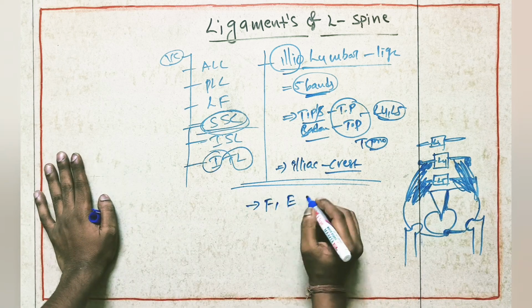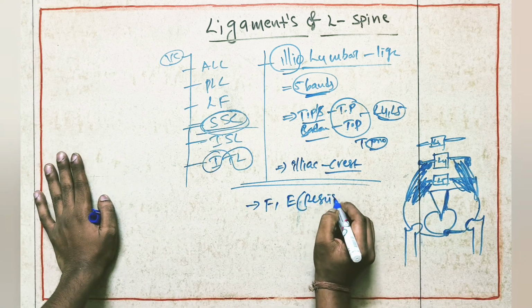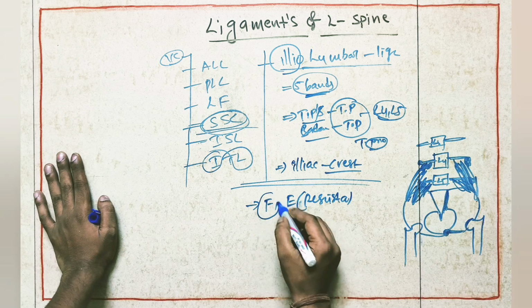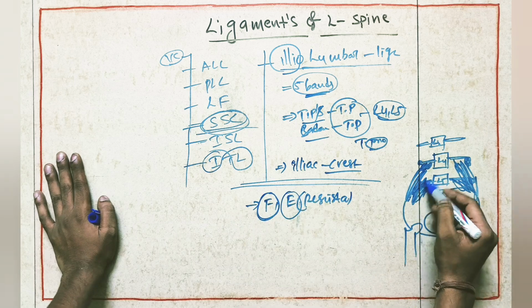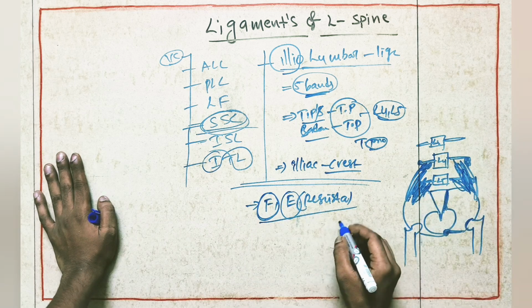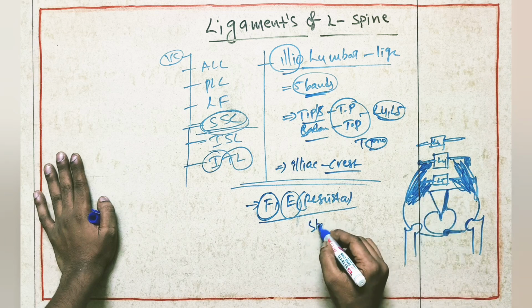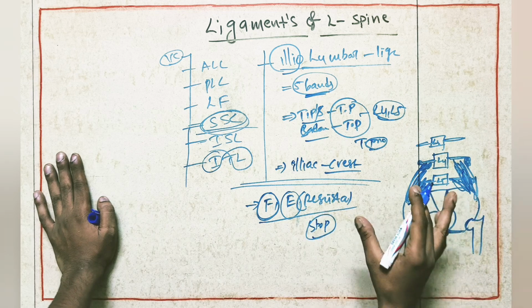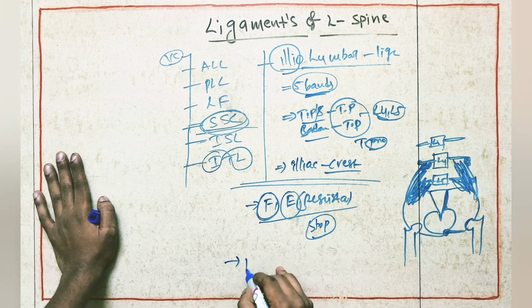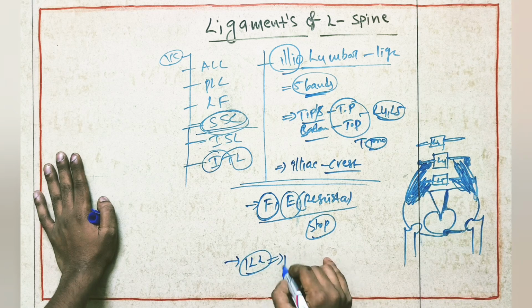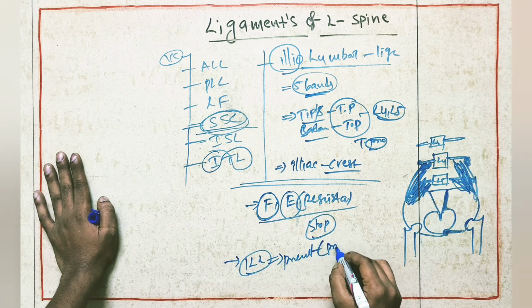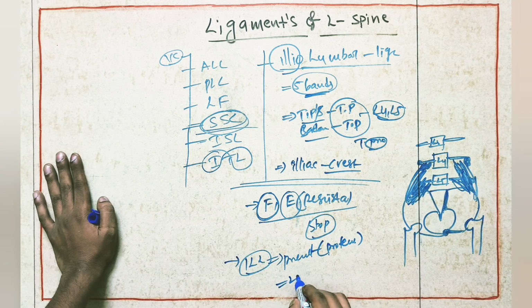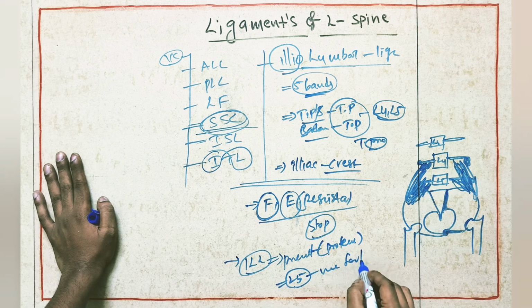These iliolumbar ligaments are helpful in resisting flexion and extension. That means if the lumbar spine does too much flexion or extension, these ligaments provide resistance and stop further movement. At the same time, the iliolumbar ligaments protect the L5 vertebra from anterior displacement.